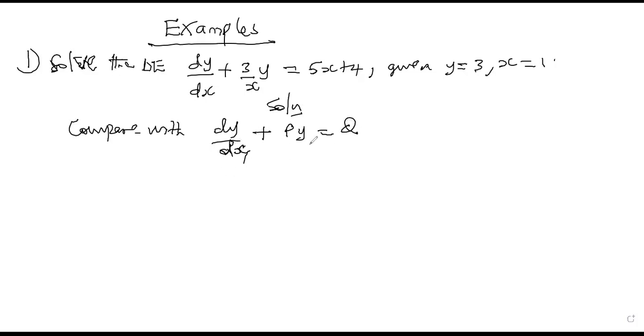If you compare, you can see that where p is, here we have 3 over x. So on comparison, our p is 3 over x, while our q is 5x plus 4.